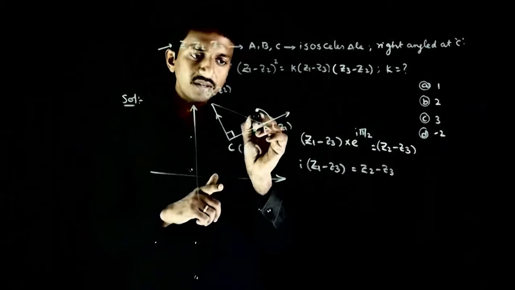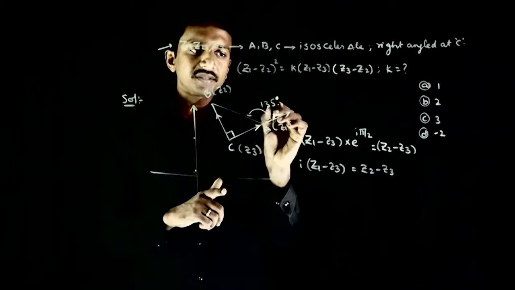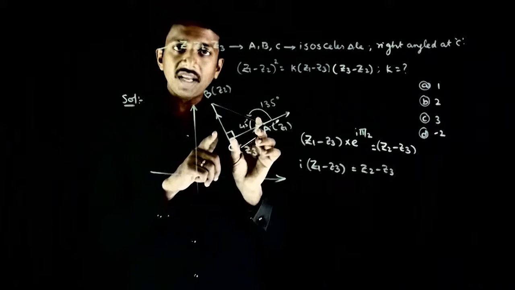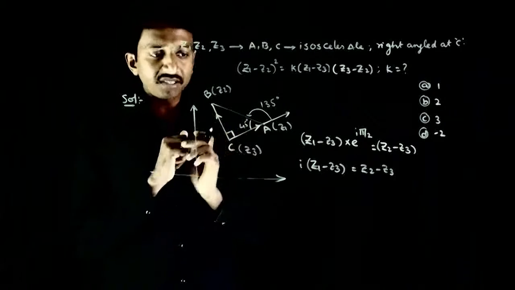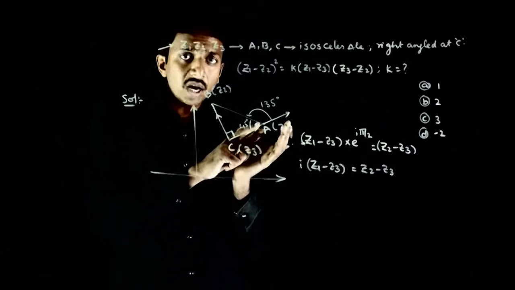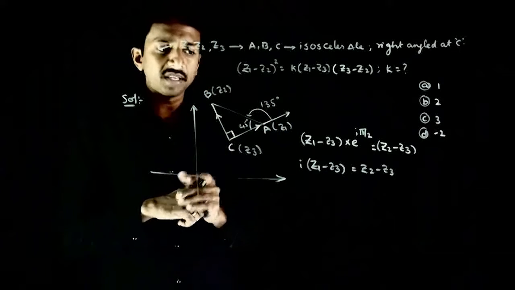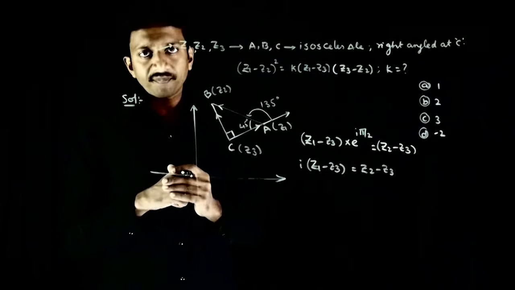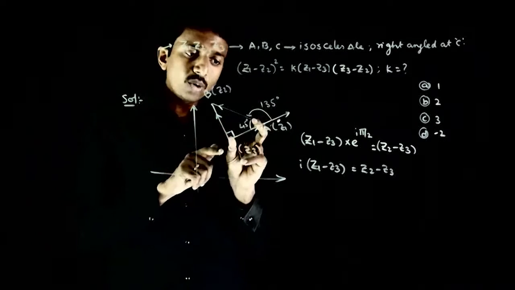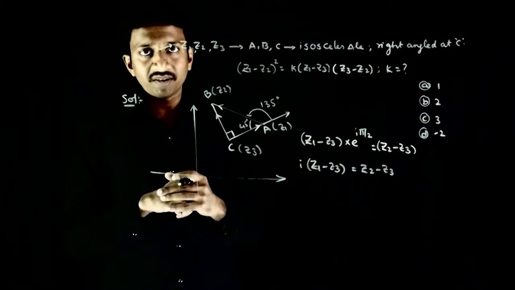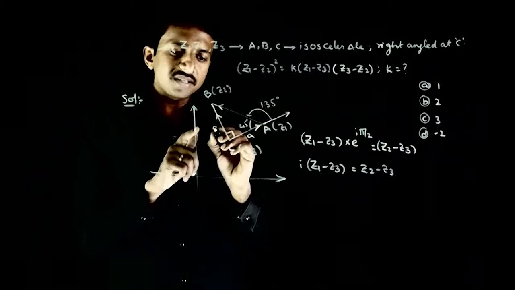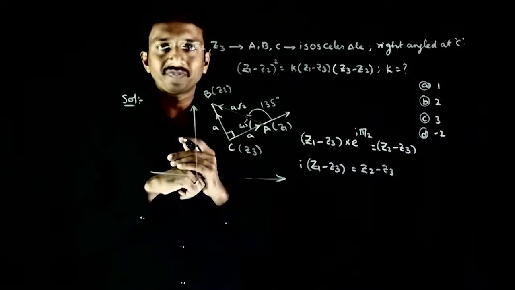If this is rotated through an angle of 135 degrees, because this angle is 45 degrees, as it's an isosceles right-angled triangle, so CA, if rotated in the counterclockwise direction through 135 degrees, I'll get AB. We know the magnitude of AB is √2 times the magnitude of CA, because if this is a, this will be a√2. Clear?